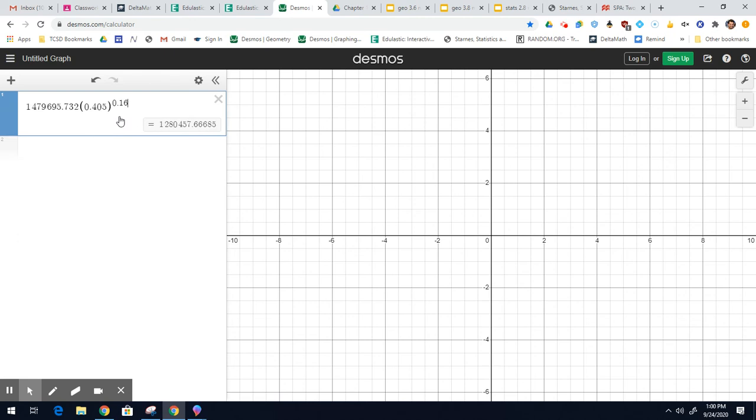Let's round this to money, which is two decimals. The 6 in the third decimal makes the 6 become a 7. So our y hat is 1280457.67.